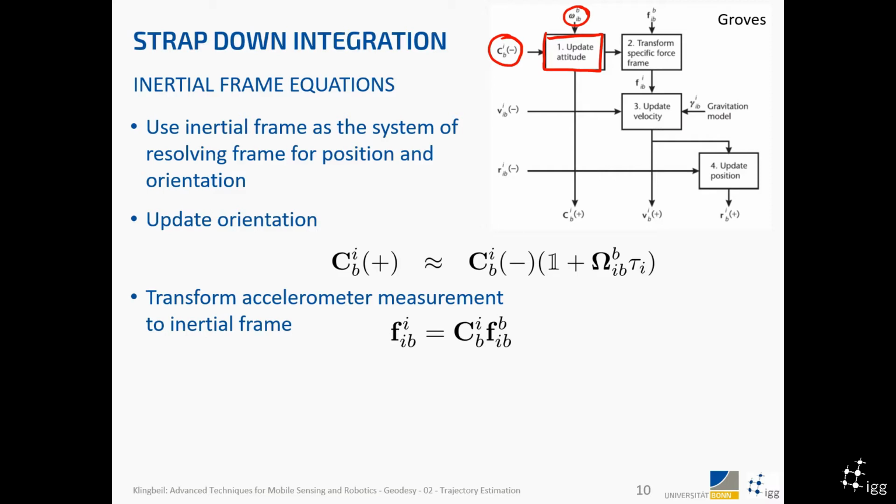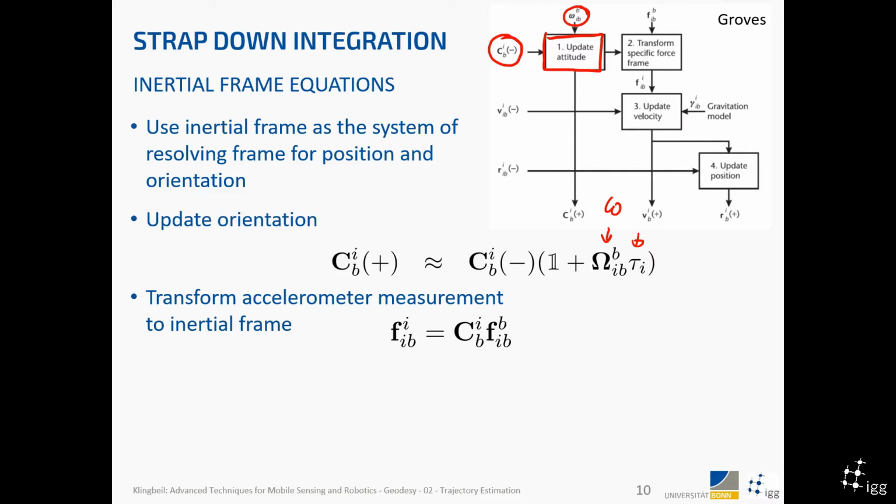The only thing that we can get is the change with respect to the last state. So we have the orientation at some time before, denoted as a minus here. We now have an angular rate, and then we get a new attitude or orientation update. This is usually done using this equation here. This is the time between the two states, and this here is created by those omegas, this symmetric matrix.